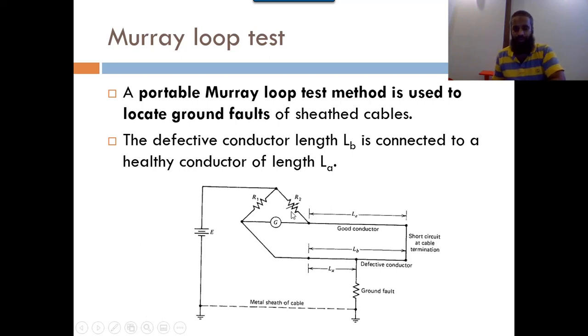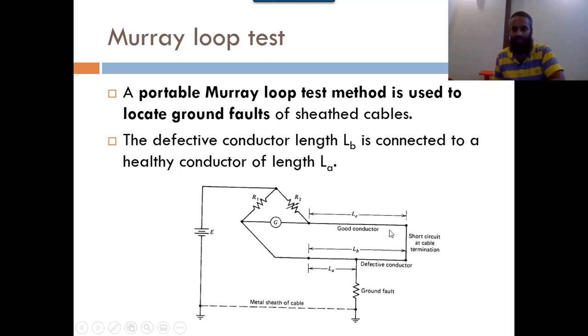In a simpler way, we modify the circuit by this mechanism, so that the overall length of the system is LA plus LB. LA is the sending end length, and LB is the length of the wire which is returning back.